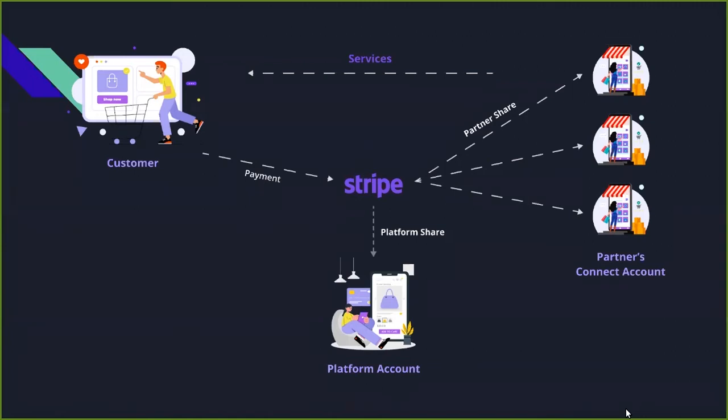And we can take another example like Uber ride. Uber is also one type of marketplace, we can say. There, Uber is the platform account, and multiple drivers join Uber, and they are connected users, or connected accounts. They take the orders from the customer.